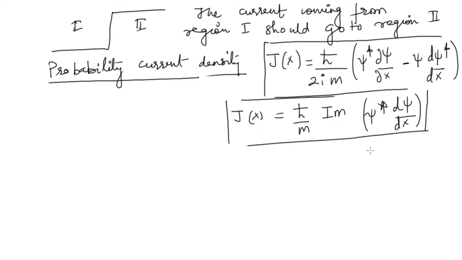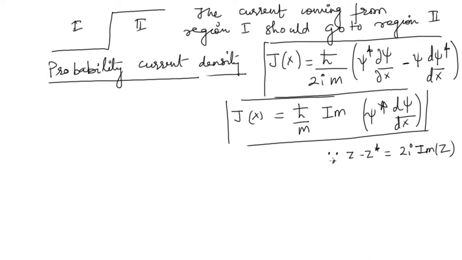Because how do I get this? z minus z star is equal to 2i times the imaginary part of z.